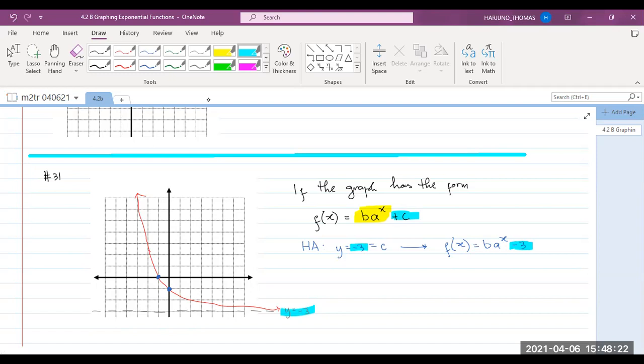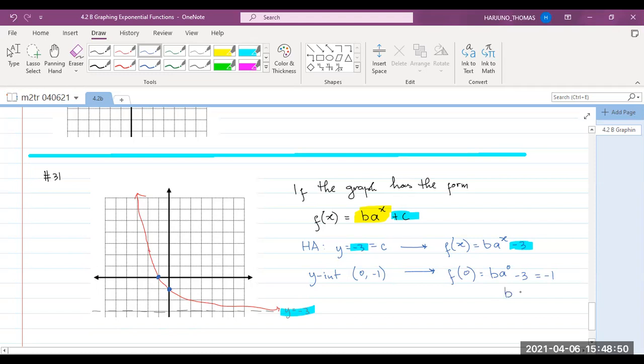Now next we will use the y-intercept. The y-intercept is (0, -1), which means when I plug in x equals 0, that is equal to -1. But a to the 0 is just 1, right?